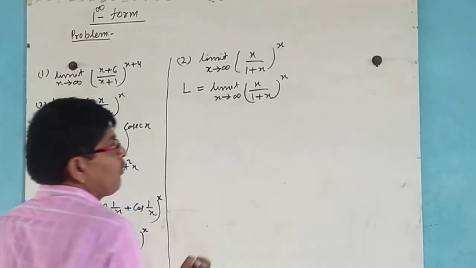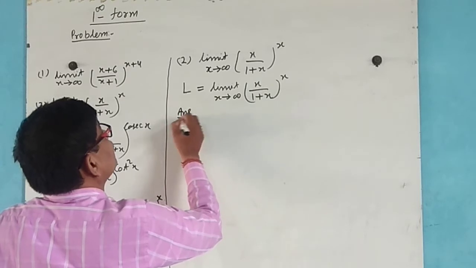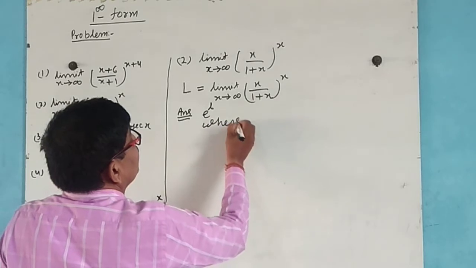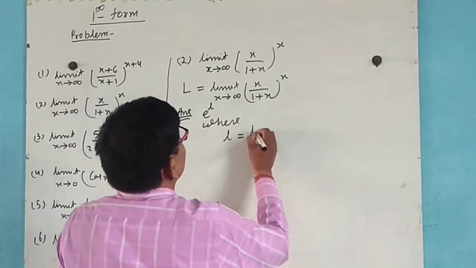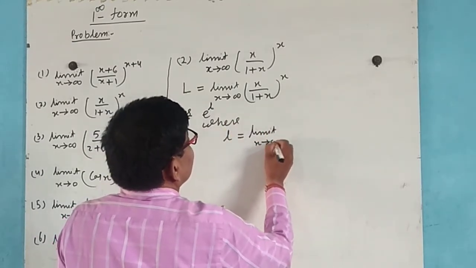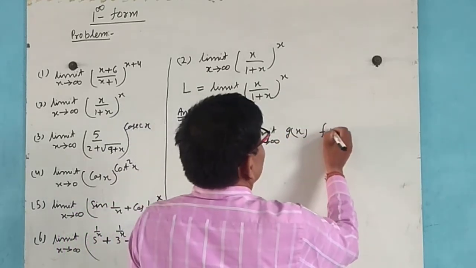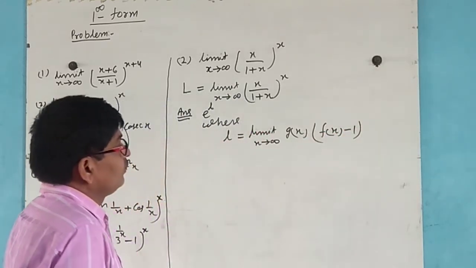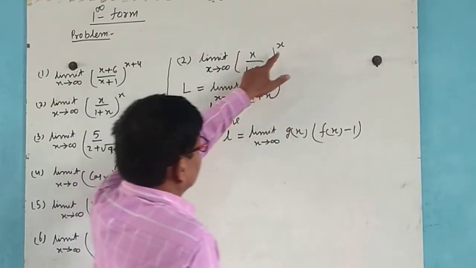Now the answer will be e to the power l, where small l will be limit x tends to infinity, g times f(x) minus 1, where f(x) to the power g, with g equal to x.